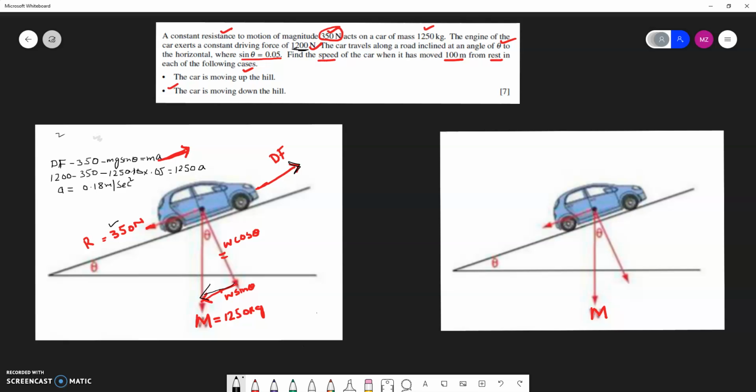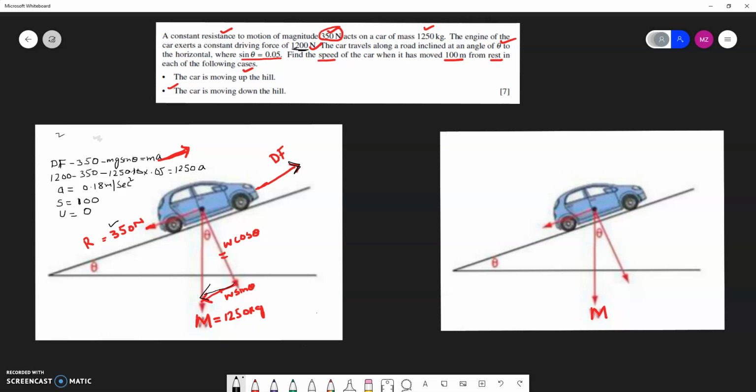Now we are asked to find the speed of the car when it has moved a distance of 100 meters. So the distance s is equal to 100 meters, and since it starts from rest, u is equal to 0.